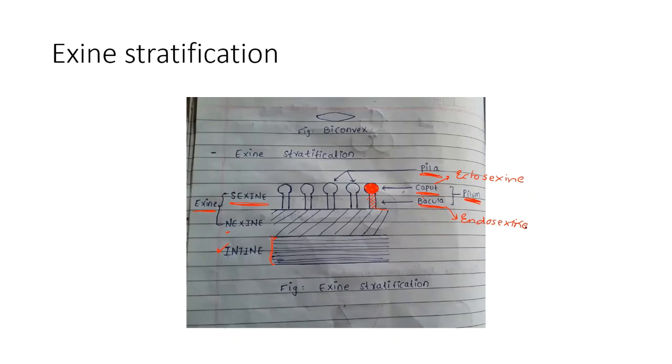At present, you can see all the caputs are free. But imagine if all of them group together like this and form a roof-like structure, then this roof-like structure would be referred to as tagellum.